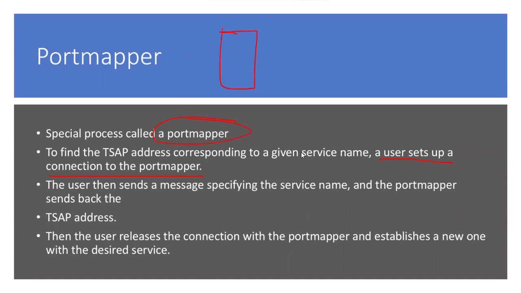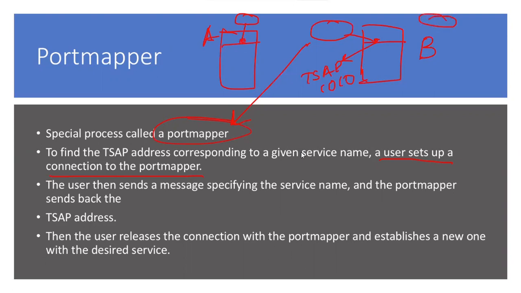Here I have a host A and a host B. A wants to communicate with machine B. In machine B, there is one special process running at the application layer, your port mapper, and it is running at a fixed TSAP. Let's say it is running at TSAP 1010.